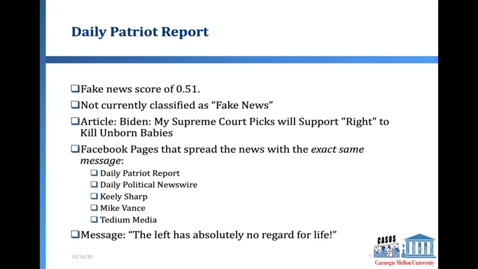The article that was shared by this news site in my data set was called "Biden, My Supreme Court Picks Will Support Right to Kill Unborn Babies," which is certainly a quote taken a bit out of context. But 5 pages in my data set had shared that exact article with the exact same message, saying the left has absolutely no regard for life. So I think it's a little bit suspicious that these pages have the exact same information that they're sharing in somewhat of a peculiar manner.